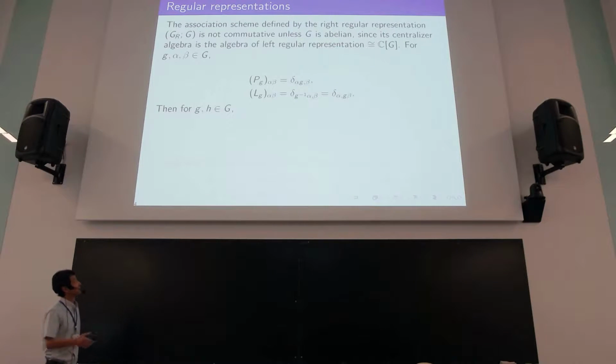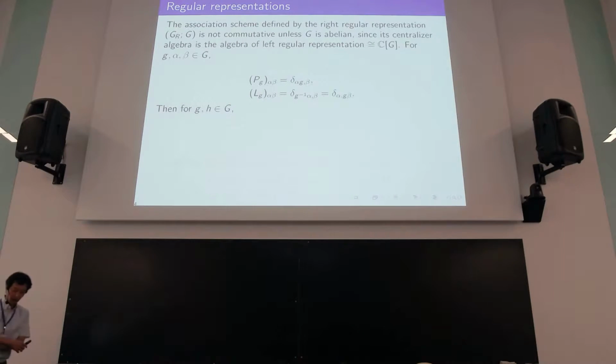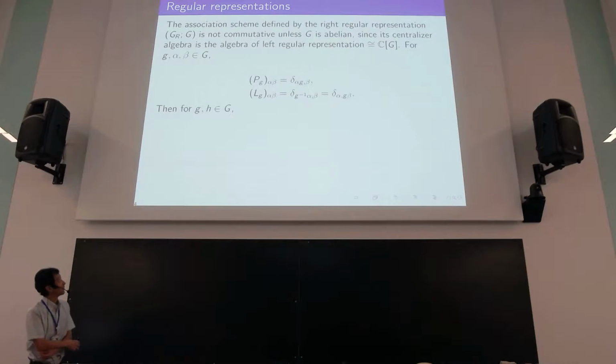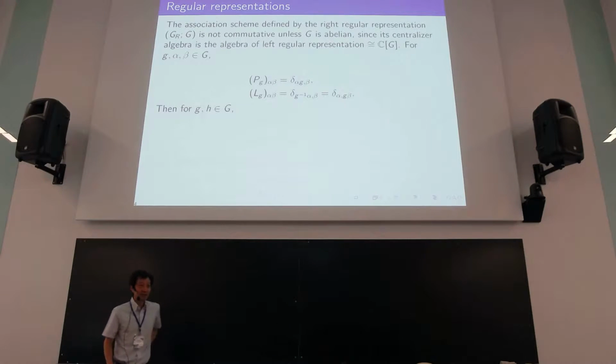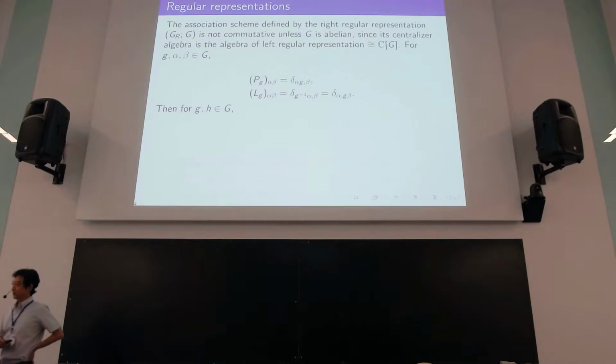And the left regular representation is where we let g act on the left, but to make it a right action, I need to put an inverse. So L_G is the permutation matrix associated with the left regular representation. It turns out that these are precisely the adjacency matrices of the centralizer algebra, and they behave nicely with respect to the product of the group.